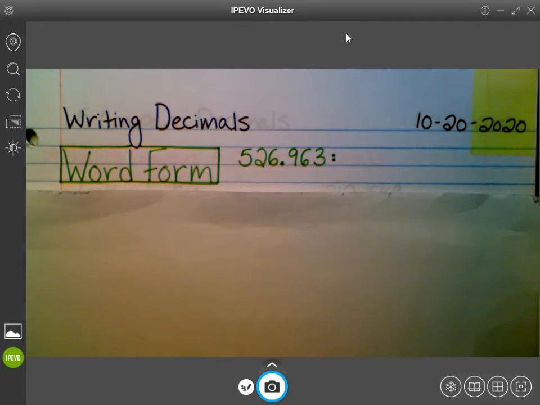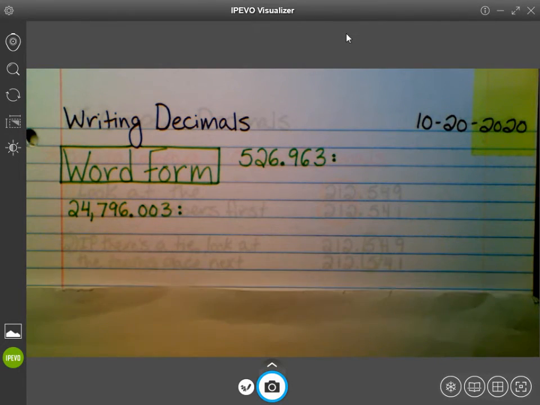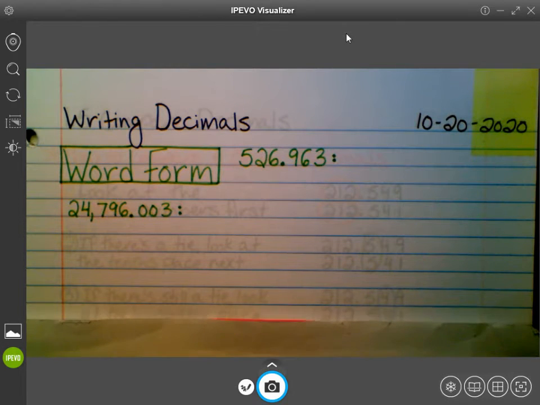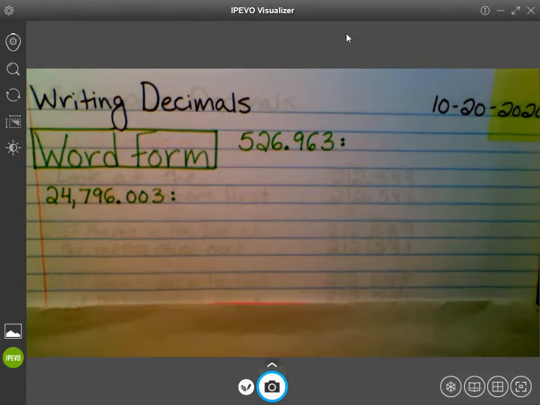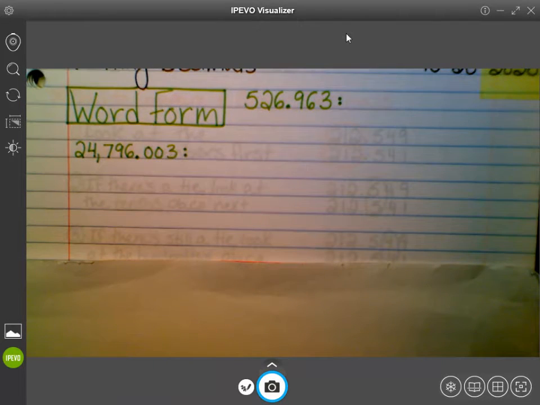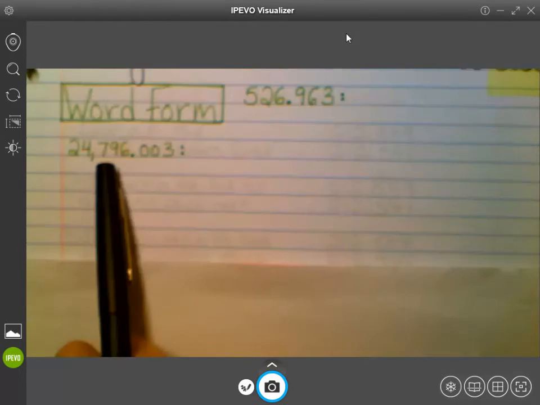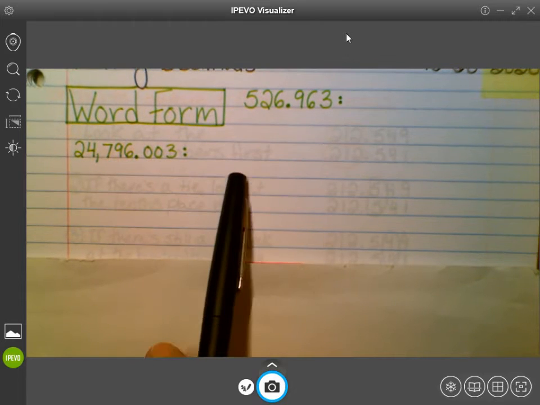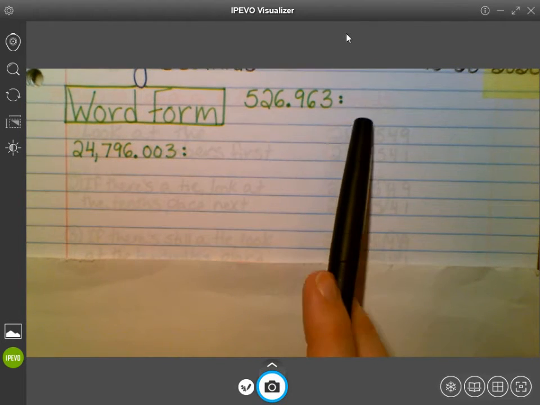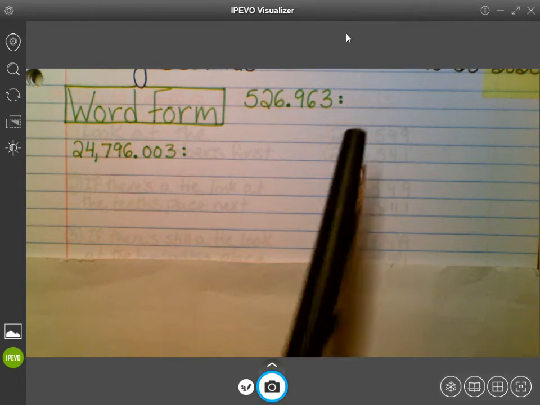All right, so word form is the first one we're going to talk about. So you'll notice I left myself a lot of room, right? I want you to be copying this down and leaving yourself enough room. So my plan for this one is to write this number, its word form below it, and maybe off to the side, and then this number, I'm writing the word form over here. So I'm giving myself a lot of room.